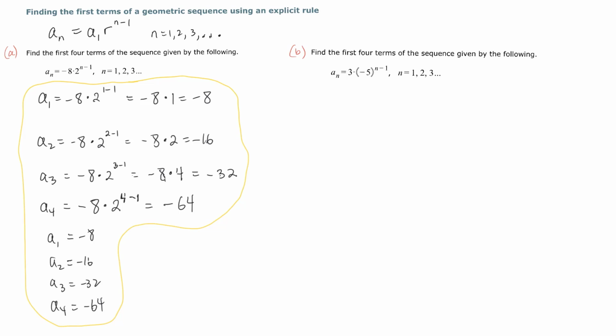All right, what about the next one? Once again, go ahead and try to do this on your own, and then you could follow along to check your answers. You could pause the video if you want so that you don't see the answers right away.